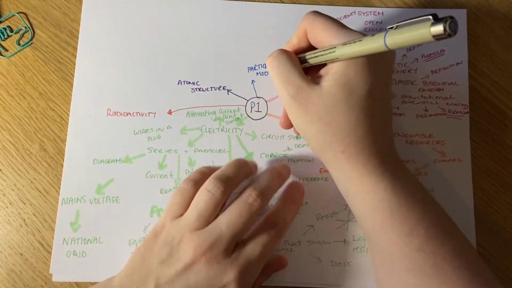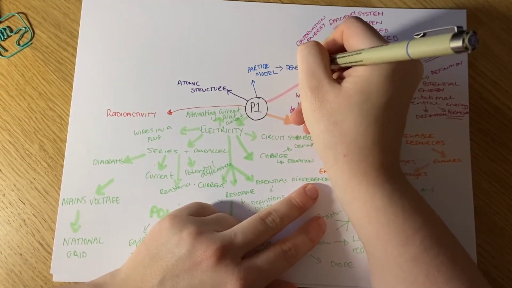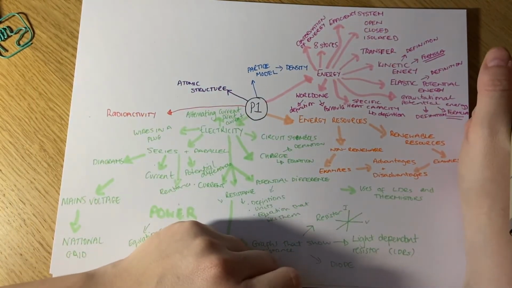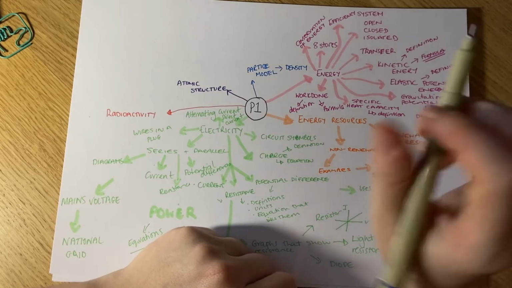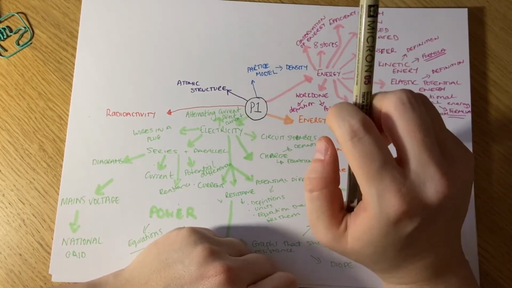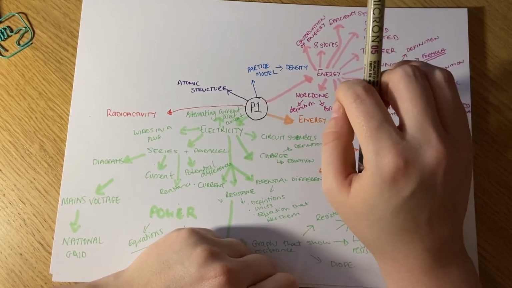Now, the first thing you need to know in the particle model is about density. Now, density is a measure of how closely packed together the particles are in a substance, not how compacted or compressed the particles themselves are. That's something that people get confused by.